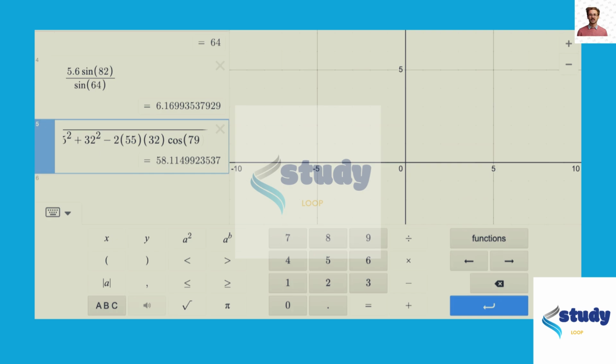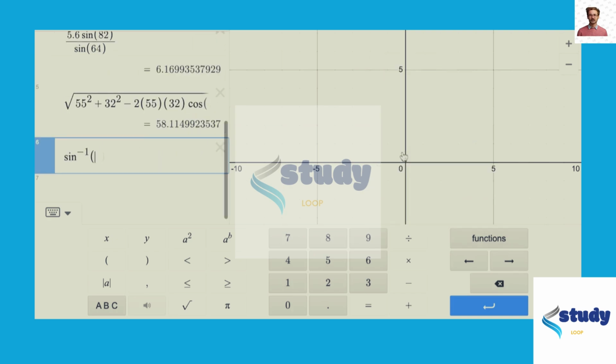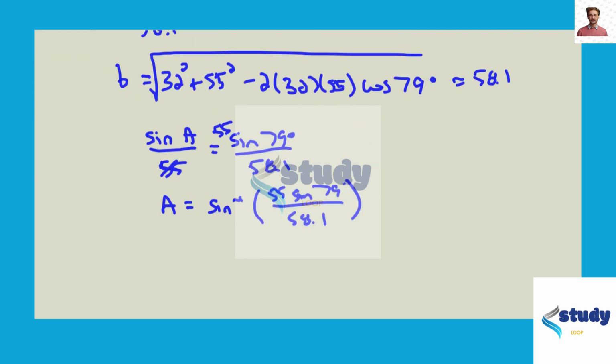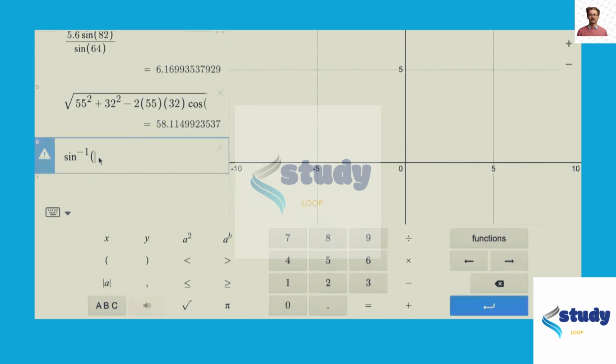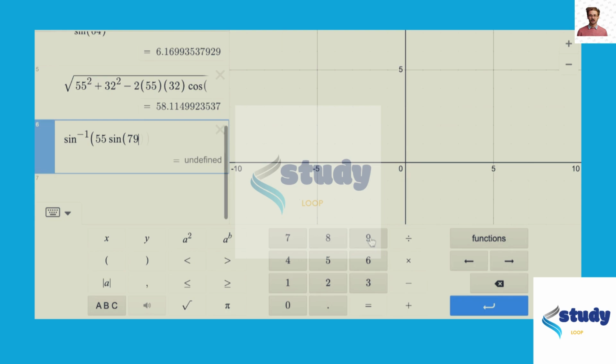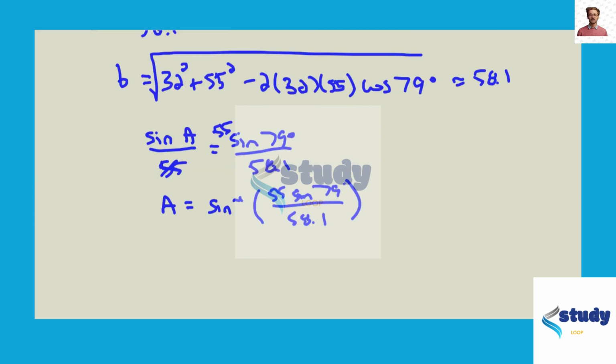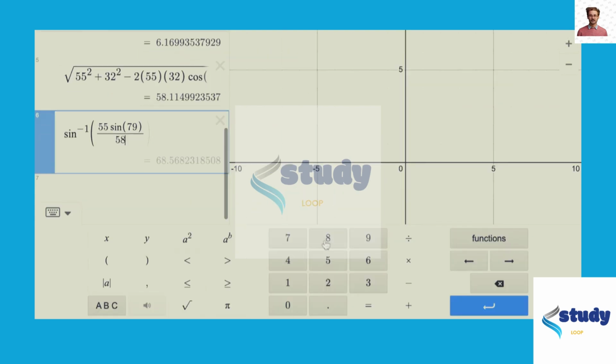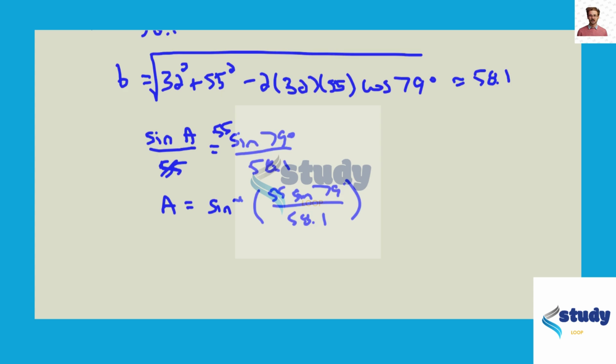Back to the calculator. Inverse sine of 55 sine 79 over 58.1, we get 68.3 to the nearest tenth.